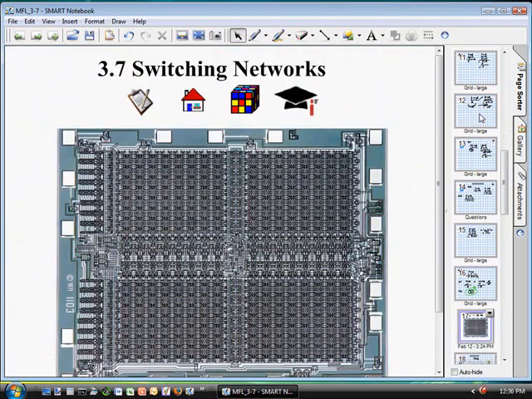Well then, we're going to move to our section 3.7 lesson, which is called Switching Networks. 3.7, Switching Networks.